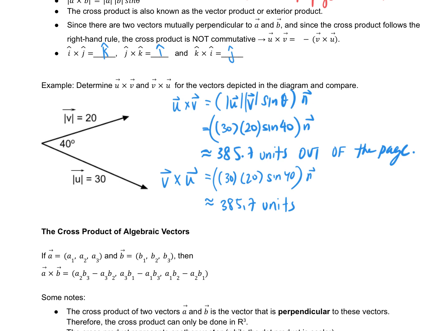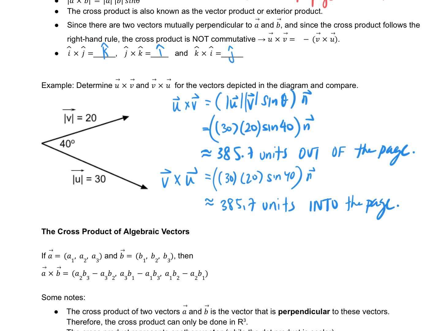So I'm going to flip my arm around. My thumb is now going downwards. My palm is open. My right hand is on vector v, and now I can curl nicely to vector u, and my thumb is downwards. So our cross product is 385.7 units into the page.